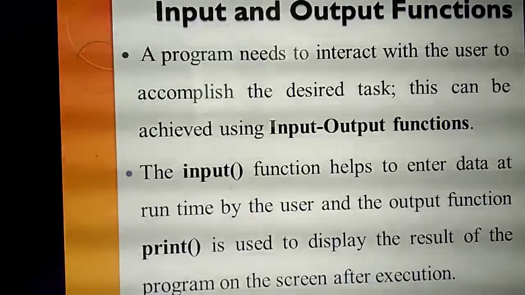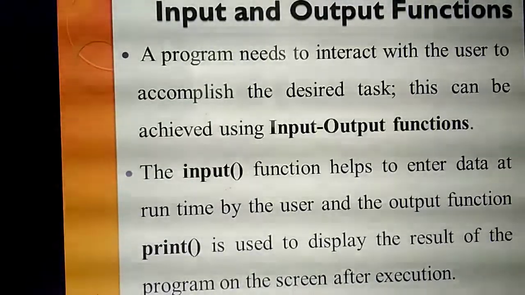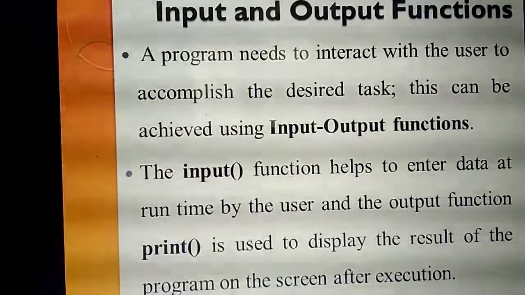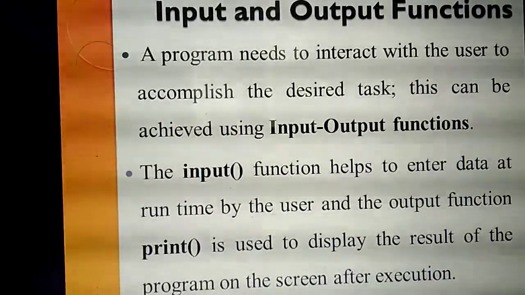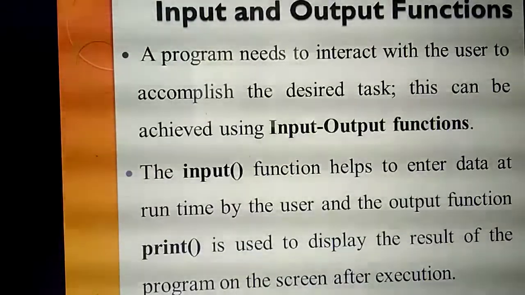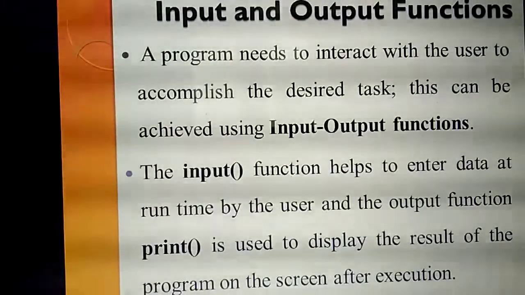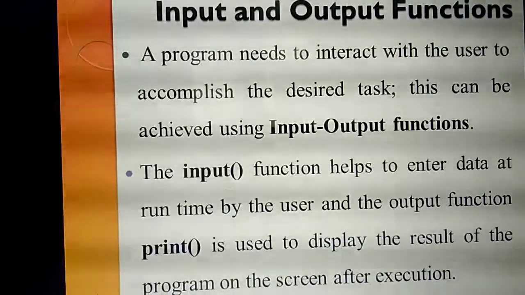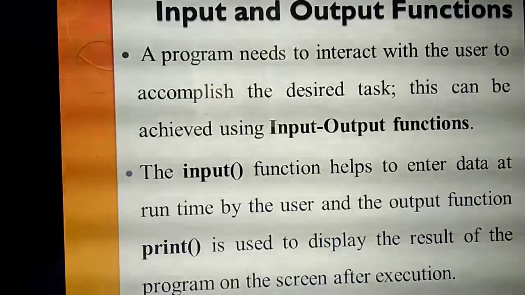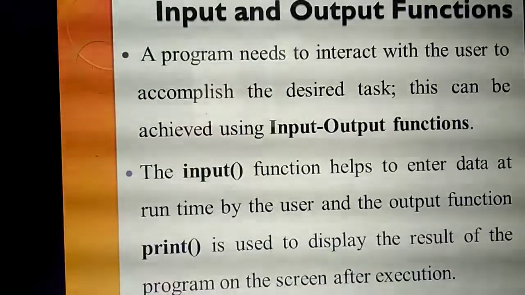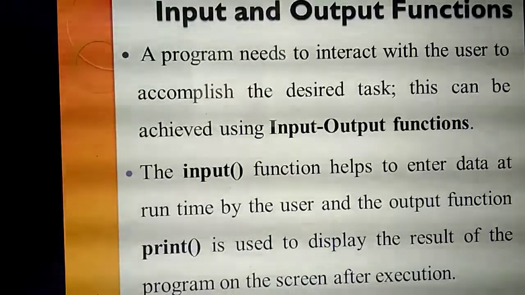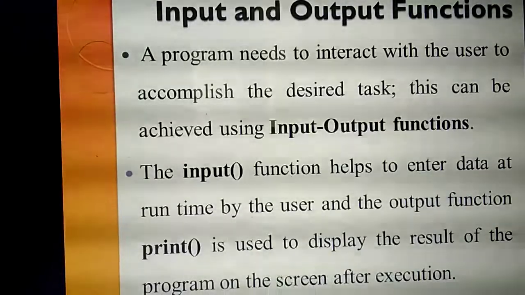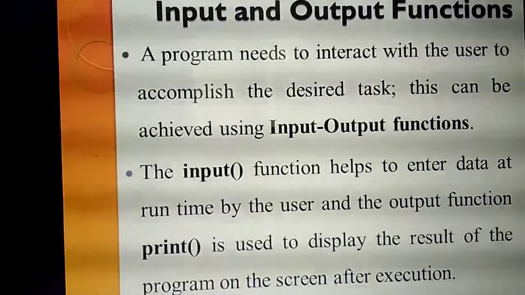For example, in which way am I giving input to you? By taking class, by teaching. I am giving input. That is called input. I am interacting with students by means of teaching.